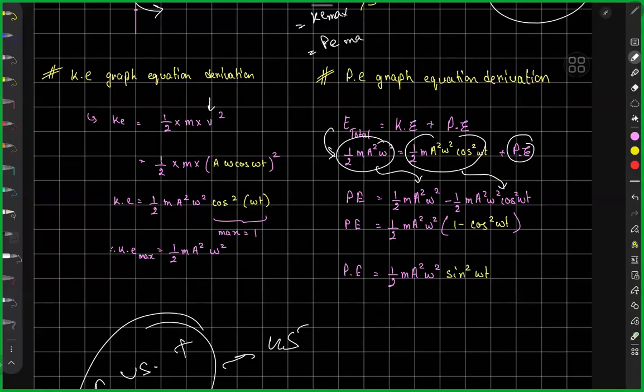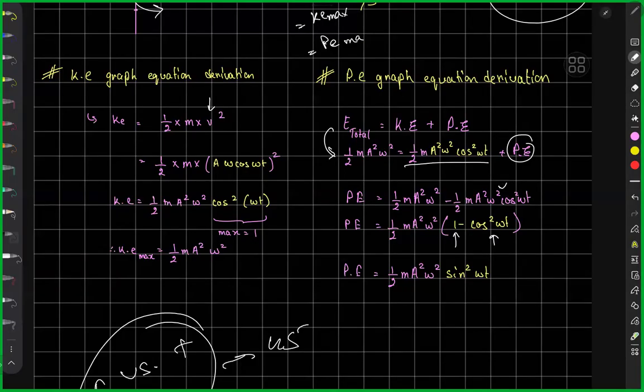So now I have half m a square omega square minus half m a square omega square cos square omega t. Now what do I take common? This part. And when I take that common, I'm left with 1 minus cos square omega t. Clear?